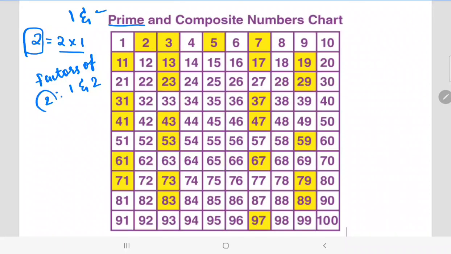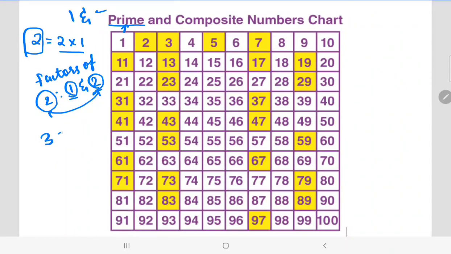So 2 has 1 as a factor and also the number itself, 2, as a factor. There are no other factors than 1 and 2 for 2. So we can say 2 is a prime number, because it has 1 and 2 as its factors.